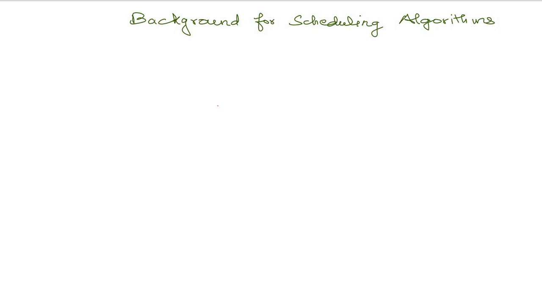Now, let's understand when is a job picked by the scheduler. So there are 4 different cases possible.